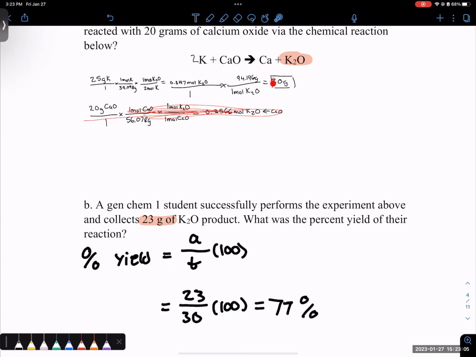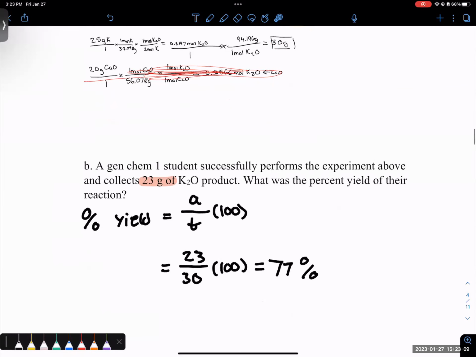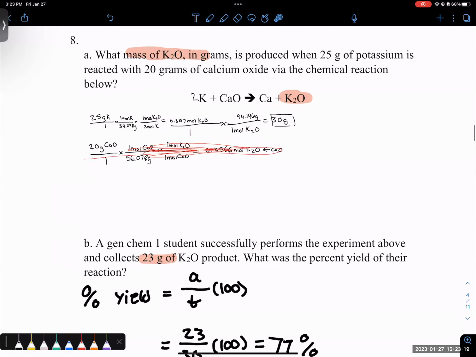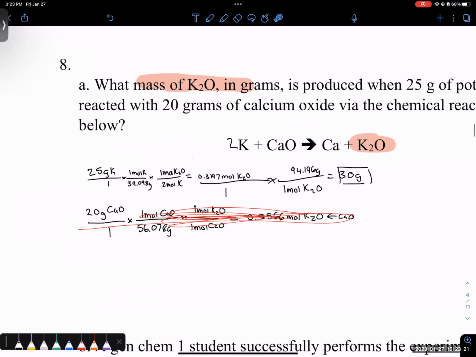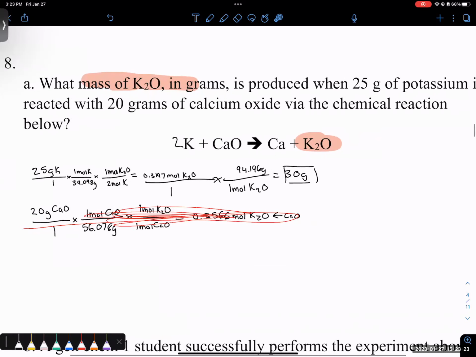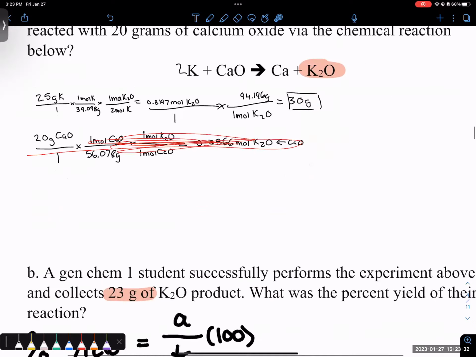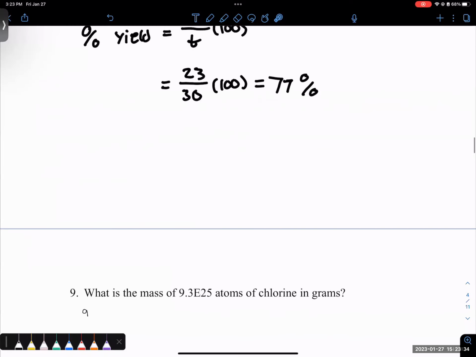I'm going to use the answer that I put for part A, so you can say, this is the answer I got for part A, and that's what I used for part B. You're using sig figs from the word problem, the lowest number of digits. Exactly. Like you have 25 and 20. 20 has 1 sig fig and this has 2, so that's why I put 1 sig fig in the answer here.